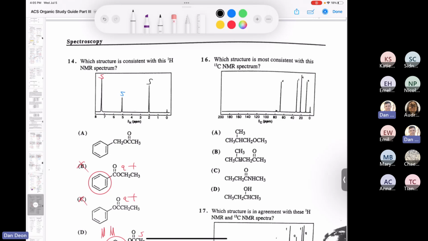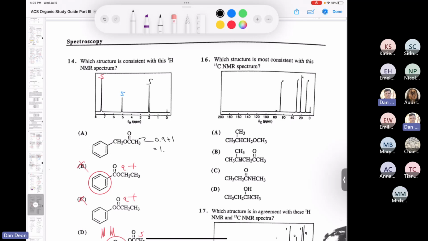So if we think about the chemical shift of these 3 protons here, we start with a baseline of 0.9 and we add 1, which gives us 1.9 ppm. And you can see that that singlet at the lowest field is around, close to 2. So that looks pretty reasonable. If we look at the methylene, so these 2 here, we start with the baseline of 1.2, and they're next to the oxygen of an ester.